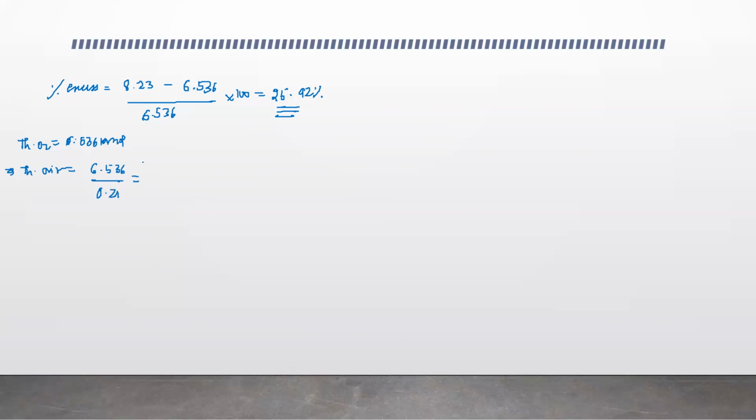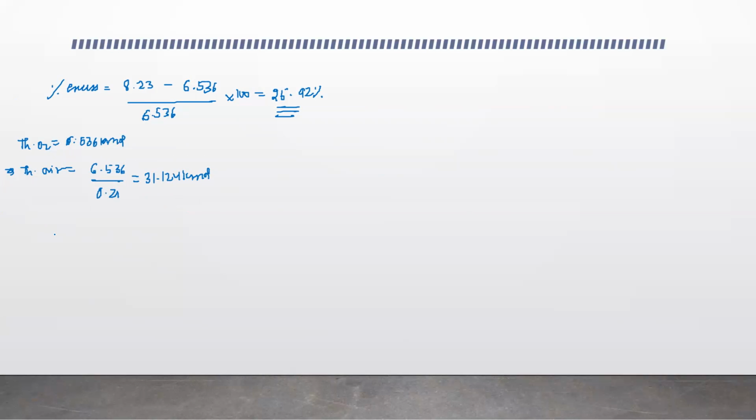We have already discussed why we divide by 0.21 over here, so I'll not mention it again. So 6.536 by 0.21 is going to be 31.124 kilomole, right? So that's your theoretical air that is required. This is the number of moles.